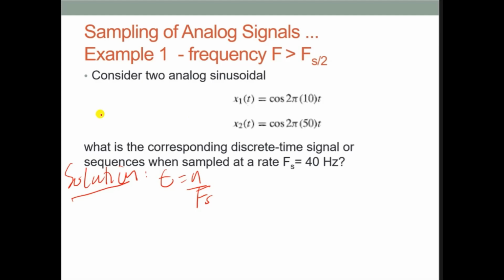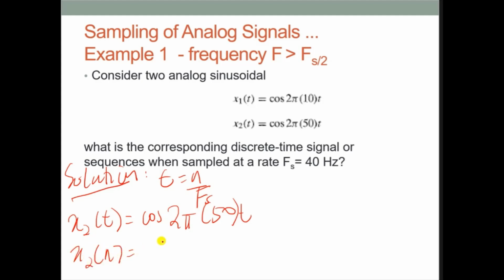So you have x2(t) equals cos 2 pi 50 t. Simply substitute t with n over fs. So you have x2(n) equals cos 2 pi 50 n over fs.